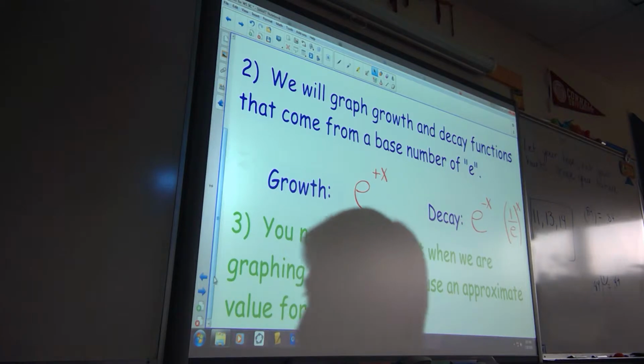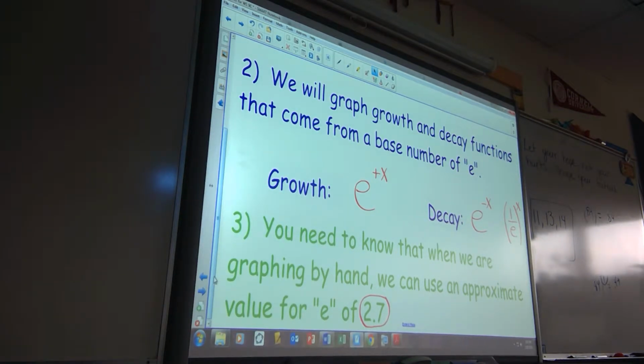When you are plotting points that are not whole numbers, obviously you're approximating their location, but I need you to do one of two things so that I know that it's in the right spot. I need you to either label that ordered pair, so put an ordered pair label on that point, or if you're using that t-table, just show your t-table. Make sure your t-table is showing what points you are plotting. That is how I will know that you've been plotting the right points.